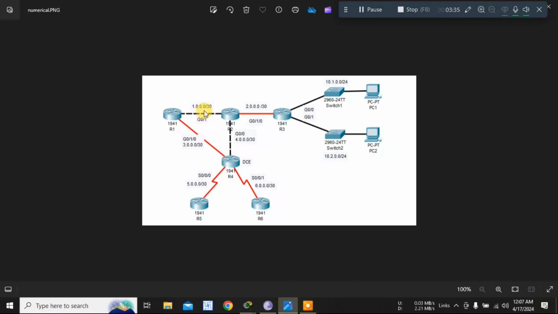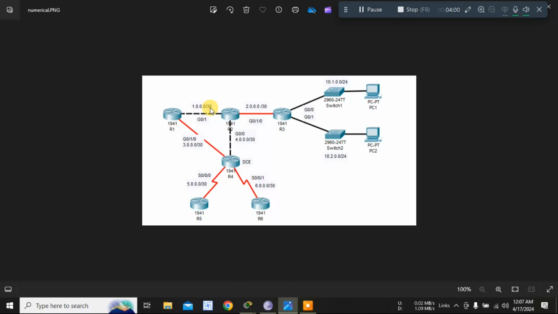In gigabit ethernet 0/0/1, network 1 is present, and in gigabit ethernet 0/0, network 3 is present. So remember that except these two networks, I will be configuring this router for all other networks, because these two are directly connected. For the directly connected interfaces, I don't have to do anything.